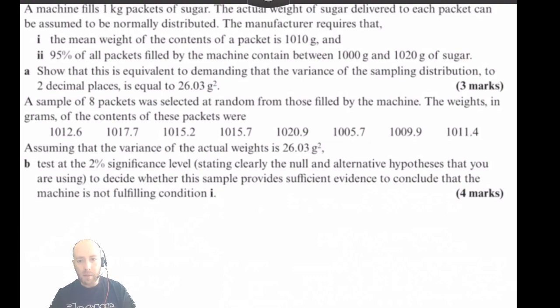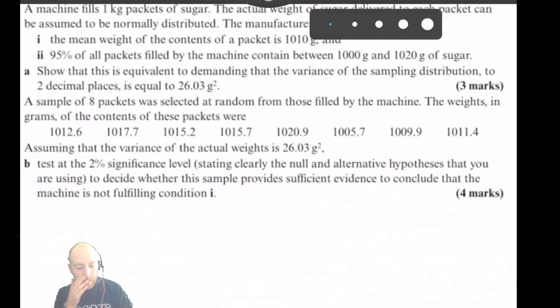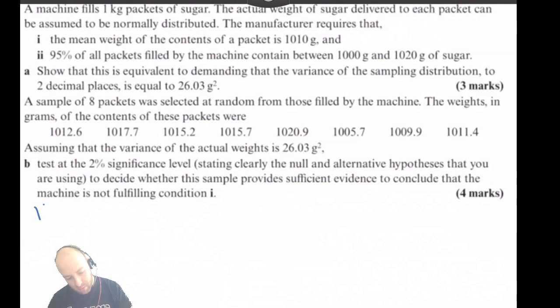Okay. Next one is saying we got a sample of 8, and those are the weights of our things, assuming the variance is that. We're testing at the 2% level whether this sample concludes that it's different. So we need to do our sample mean test. The hypotheses are null and alternative. H0 is that mu is 1010.